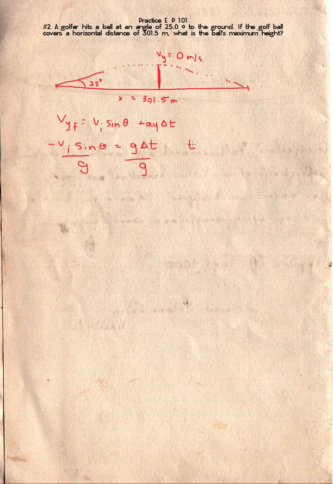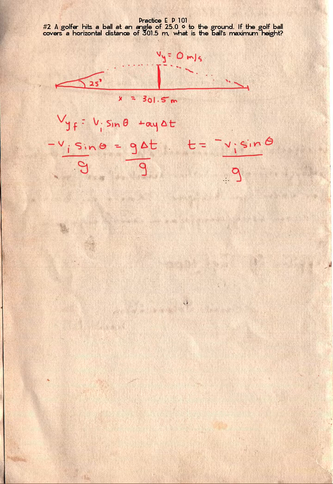And so t is equal to VI sine theta. Now don't worry about that negative sign, because remember, our number for gravity is going to be negative 9.8 because it's going in the down direction. So really, the sign is going to remain positive. But we're going to leave it like that for now.